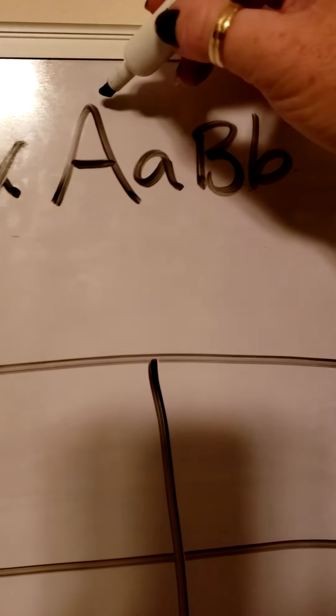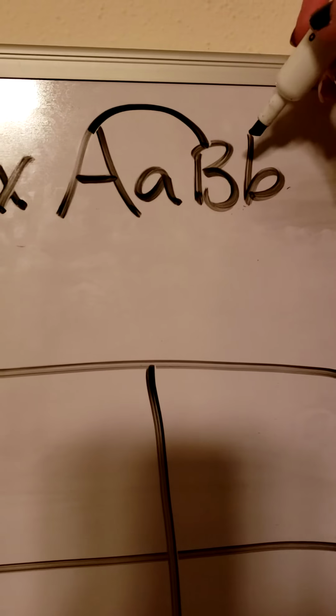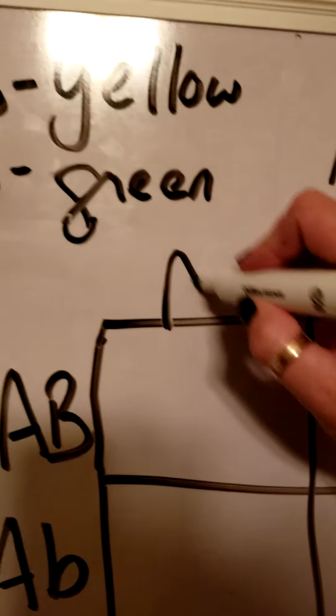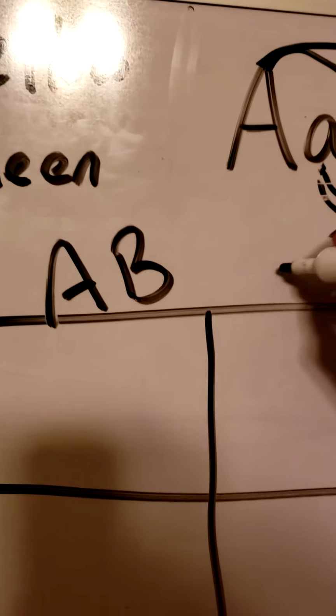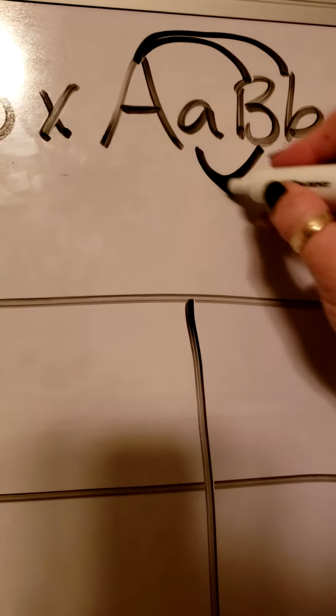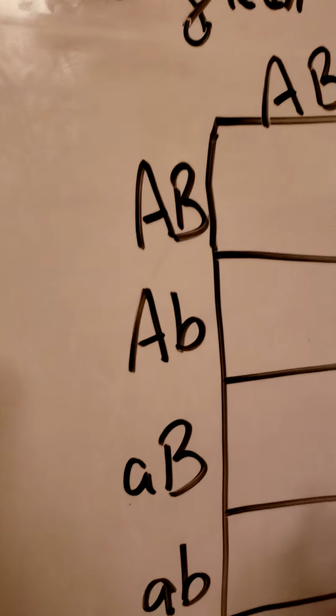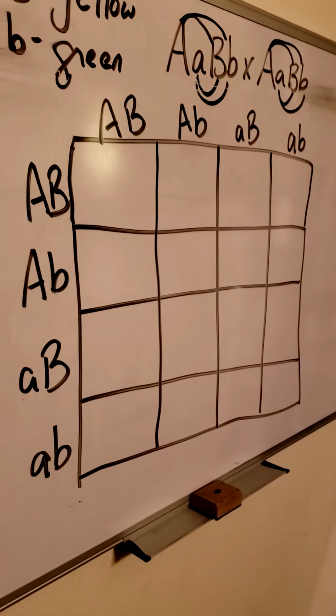All right, let's do the second one over here. Once again, we must distribute our alleles. So big A to big B, big A to little b. We'll put these up there. And then we go from little a to big B and little a to little b. And now we may fill out our Punnett square.